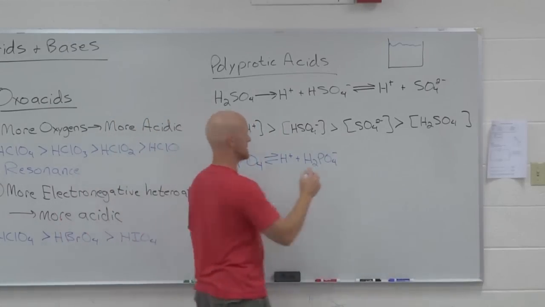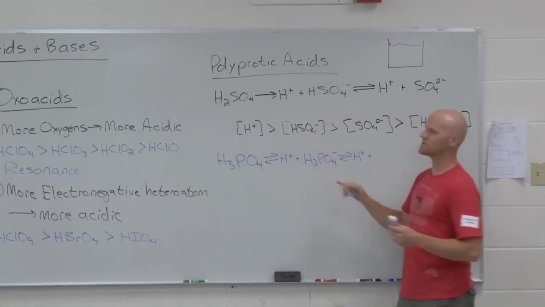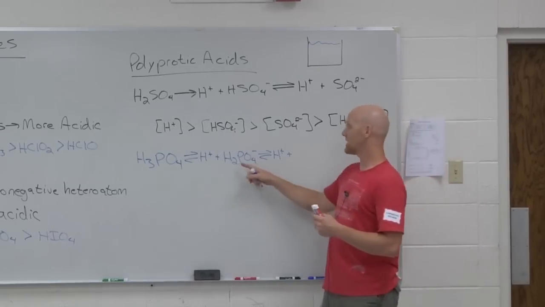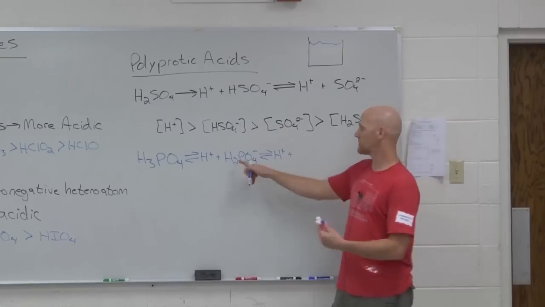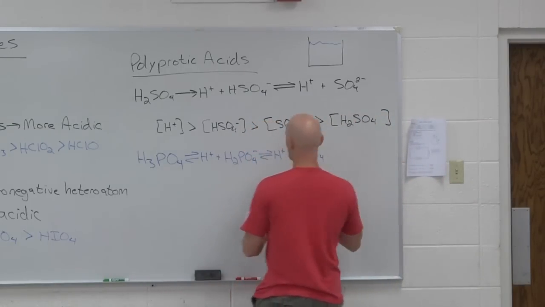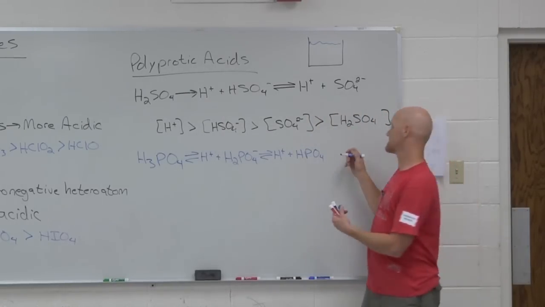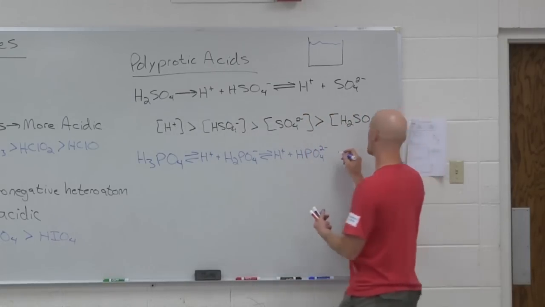But then that could dissociate, give you another H+, and what's the conjugate base of H2PO4-? Notice you're getting rid of an H and you're getting rid of a plus because it's donating H+. So get rid of an H and you only have HPO4, but you also got rid of a plus charge, which what total charge would that leave you with? 2-. Cool. But you still got one hydrogen you could further donate.